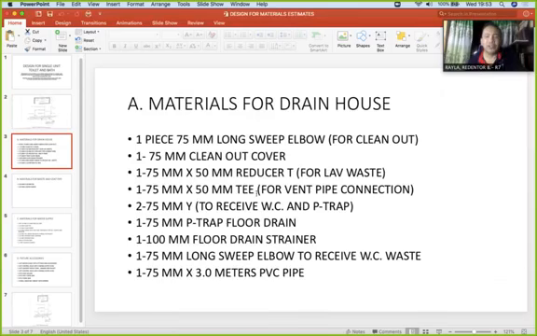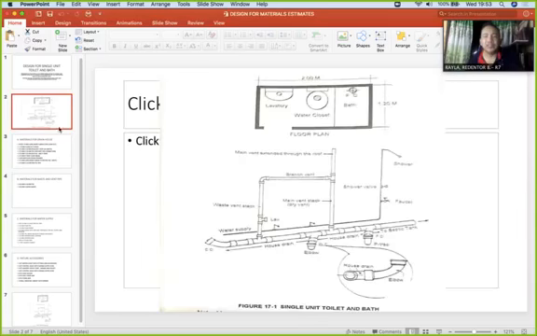So we also have a 75 mm Y to receive the water closet and the P-trap. So where is that? 75 by 50. Here. But where is the P-trap for the water closet? It should be here.